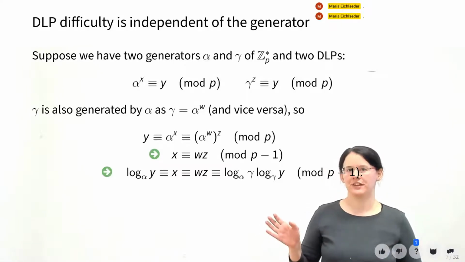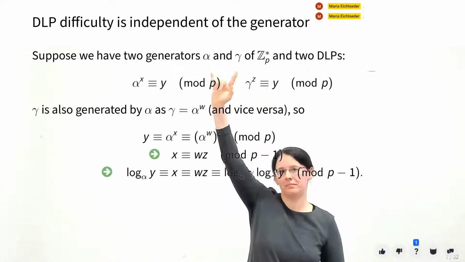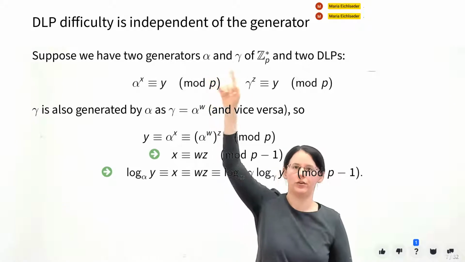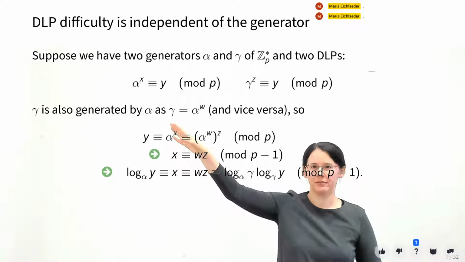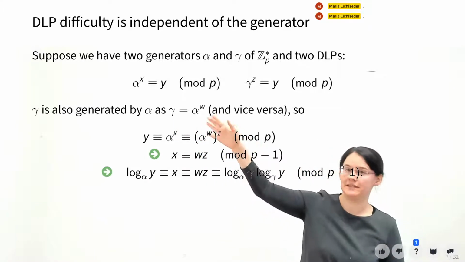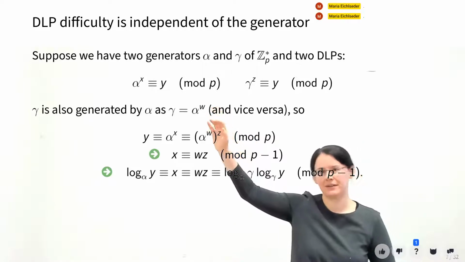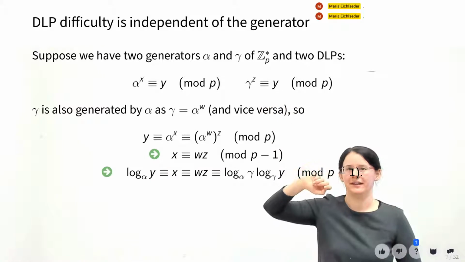The first observation here is, I assumed I have two generators. Each of them generates the entire group, so they can also generate each other. For example, I can write one of them as the other one to the power of some exponent. I don't necessarily know easily how to find that, but I can write it like that. Now let's have a look at this problem again.